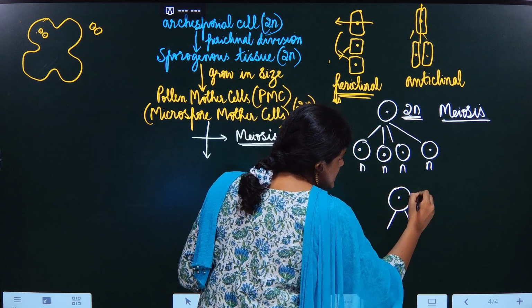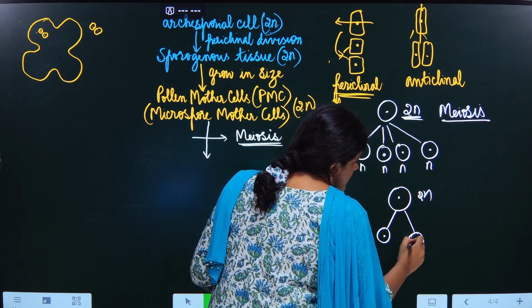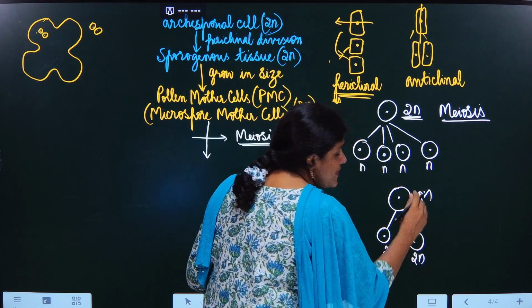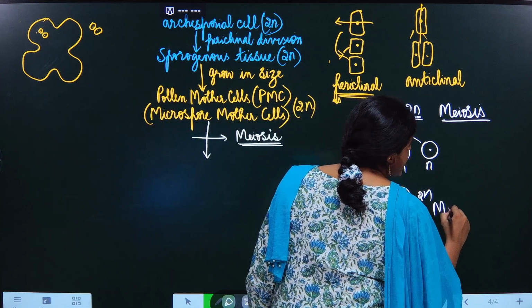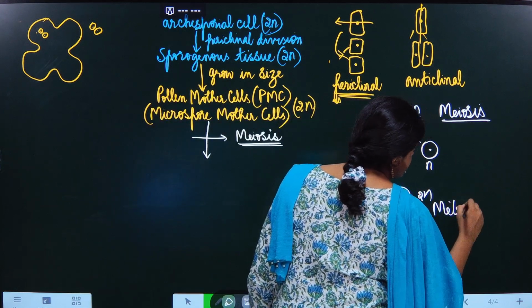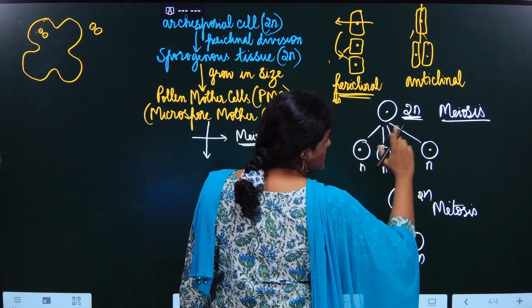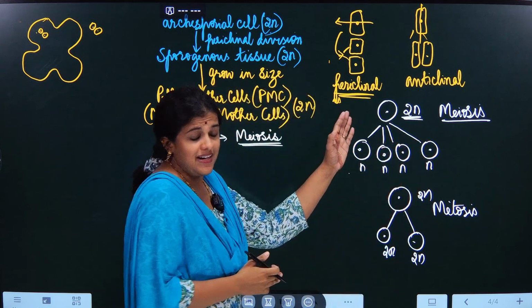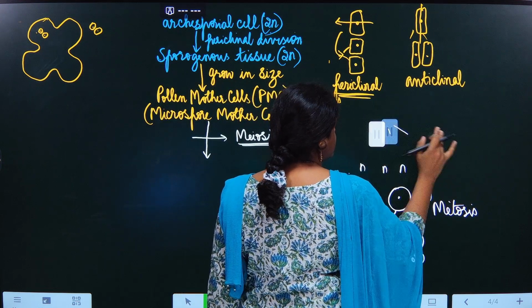Whereas in mitosis, if it is 2n, then it will form 2 daughter cells which are 2n only, or if it is n, daughter cells also will be n only. So it is called equational division. Just for your understanding, I am going to rub this again. So meiosis is reductional division and mitosis is equational division.